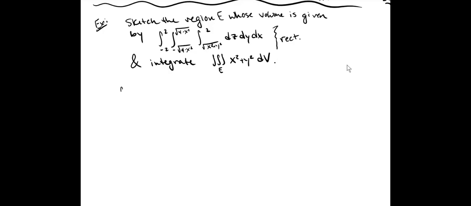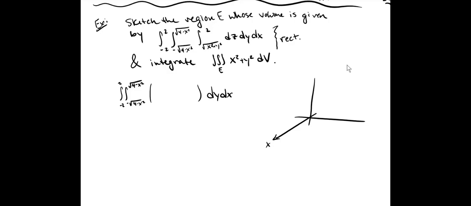So let's break this apart. This integral, we know that the outer two pieces, we can think of those as describing integration over some footprint or shadow of the actual 3D region. And since these outer integrals are in dy dx, we know we're thinking of that footprint as being in the xy plane.